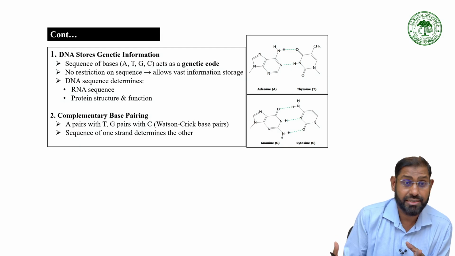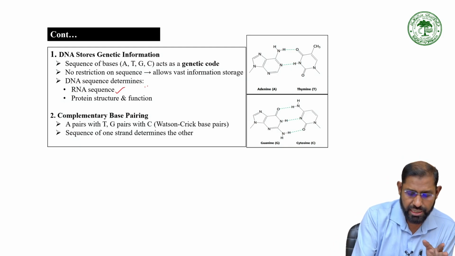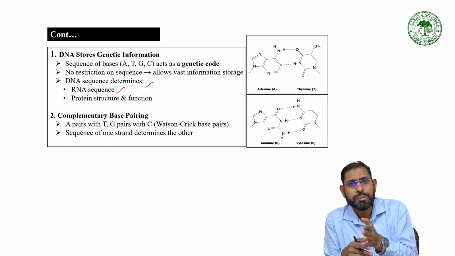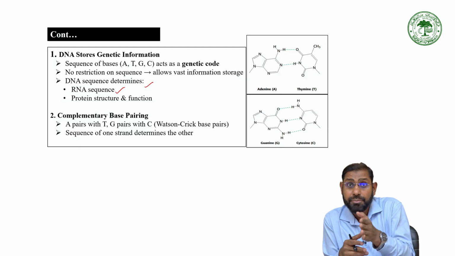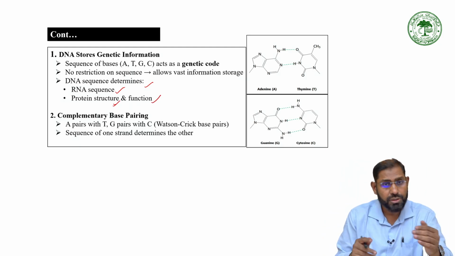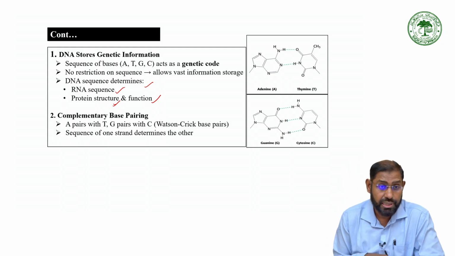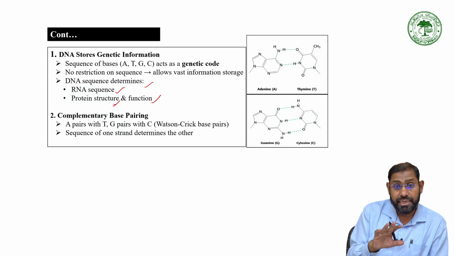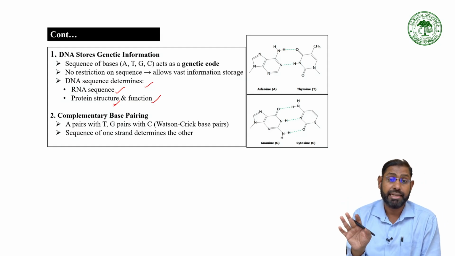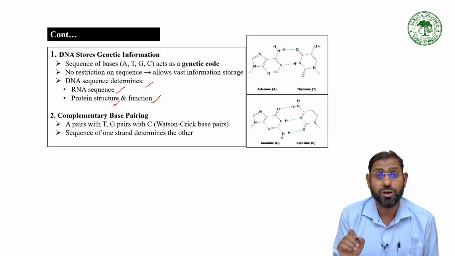DNA also determines the RNA sequences, because when DNA is transcribed, RNA is formed, and RNA then determines protein structure and sometimes function, through translation. They have complementary base pairs, as already mentioned: A pairs with T and G pairs with C. These are also called Watson-Crick base pairs.